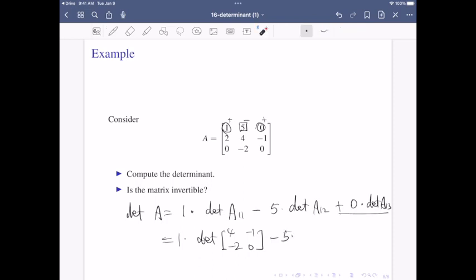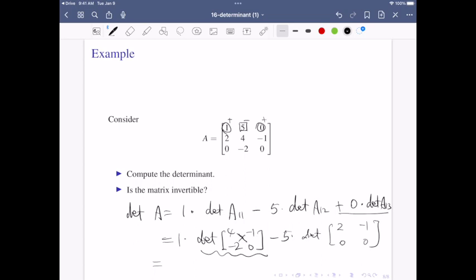Now we look at the entry 5. You delete the row and column containing this entry. Then the remaining numbers are 2, 0, negative 1, 0. For a 2 by 2 matrix, the determinant is cross multiplication.